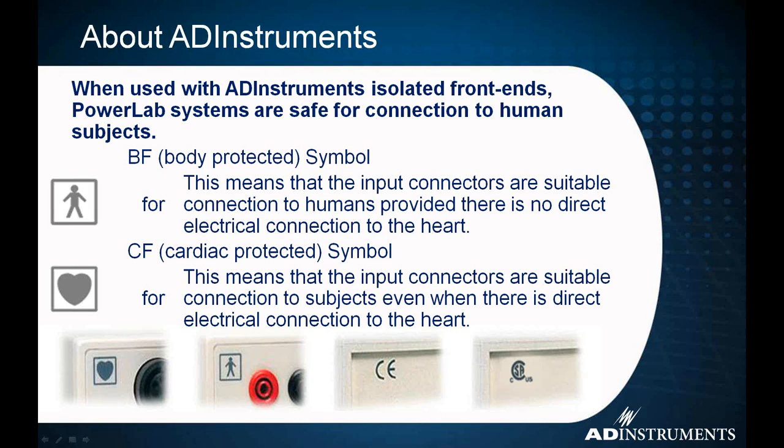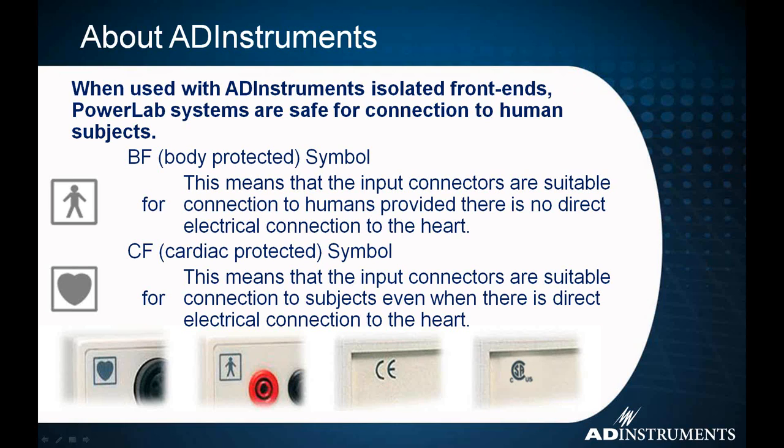Also, quite often we get, well, what standards do you comply with? What type of subject can I connect my device to? Can I connect this to humans? Can I connect it directly to the heart? You'll see on a variety of our equipment the body protection and the cardiac protection symbols. Cardiac protection would be that heart in a square box, and body protected connection would be the little stick man there in that square box.